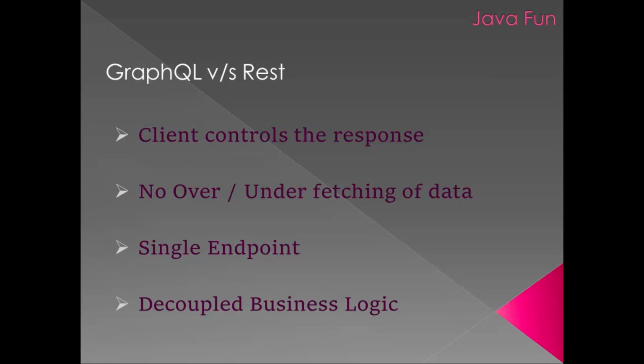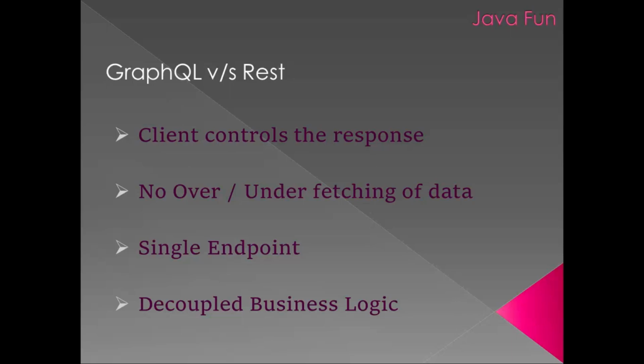At the server side, you're not necessarily going to create two different versions of that particular API. So even though another screen doesn't use all those attributes, we are still sending that data over the wire to them. GraphQL lets the client tell the server out of those 10 attributes how many they want. So the client is controlling the response, and there will be no under- or overfetching of the data. You are reducing the amount of data that you are sending from the server to the client side.